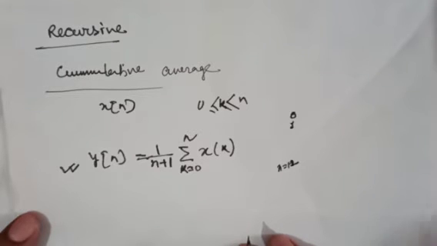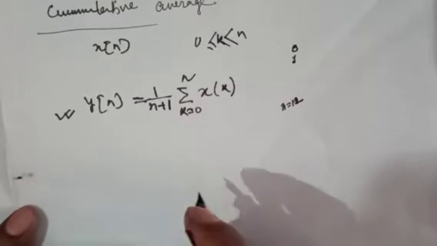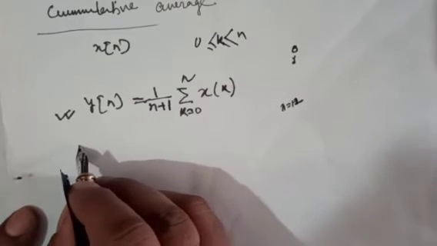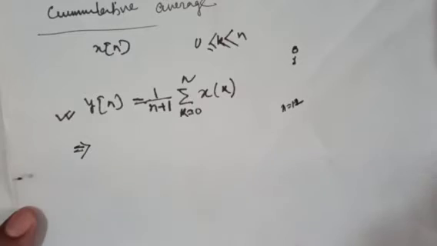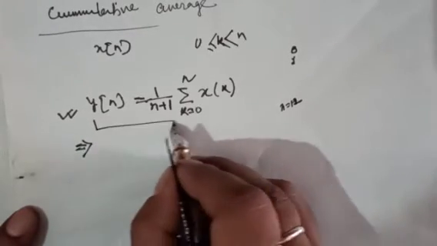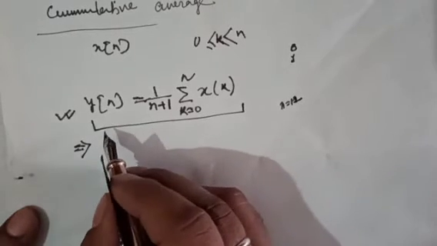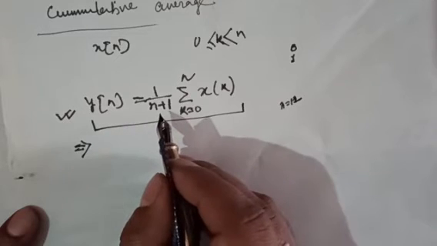So if n is increasing, then the memory requirement grows linearly with time. So better, what we can do is, if we realize this system directly, then it is called a non-recursive system, because in this system there is no feedback.